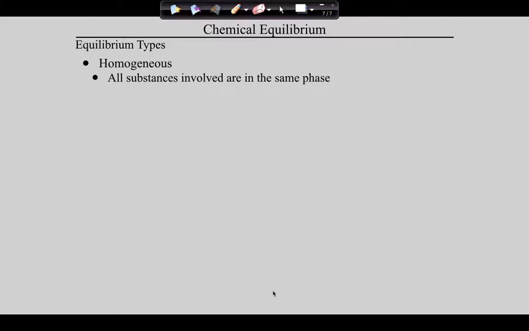Let's talk. So a homogeneous, not surprisingly, equilibria is an equilibria where all the reactants and products are in the same phase. An example of that, not surprisingly, would be the Haber process.